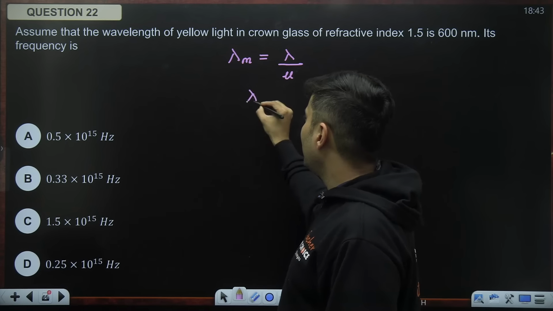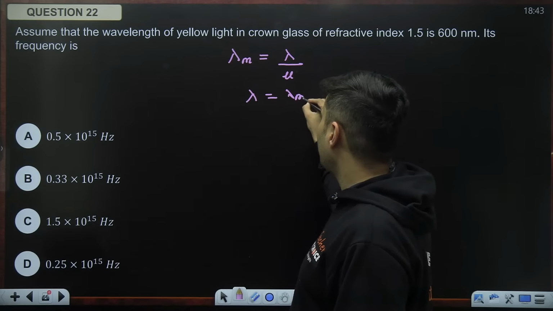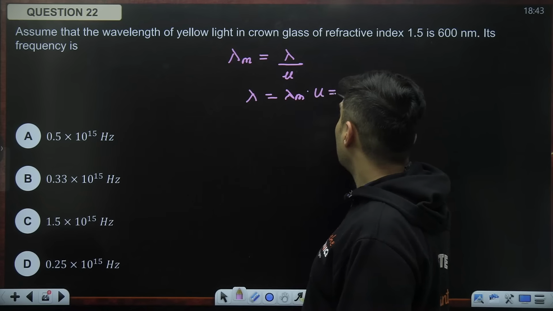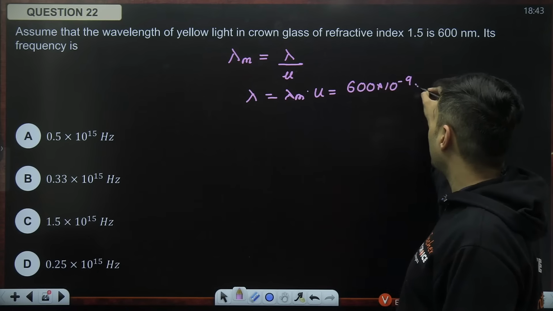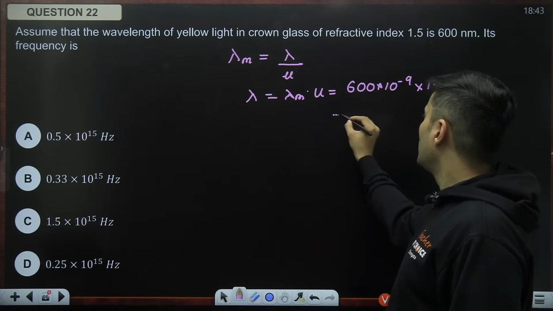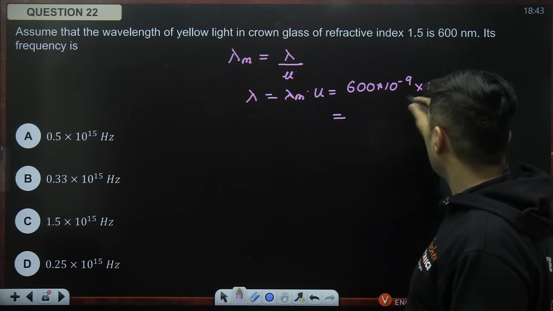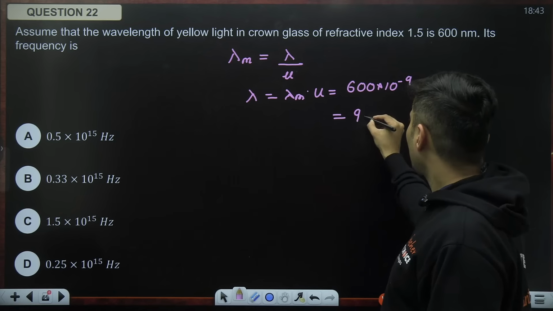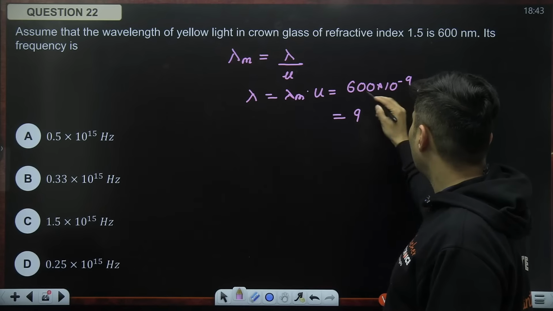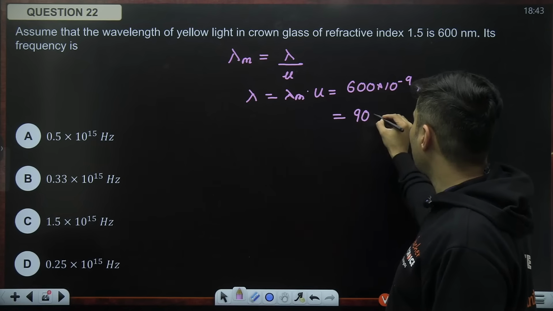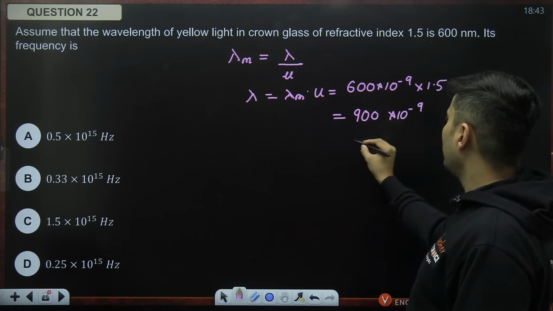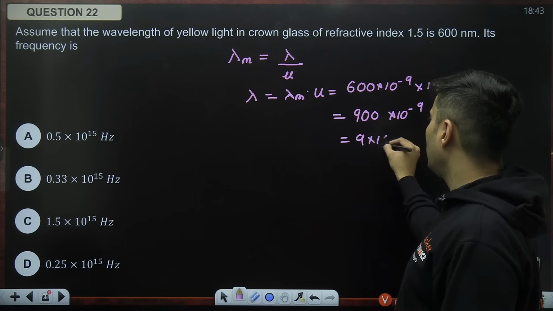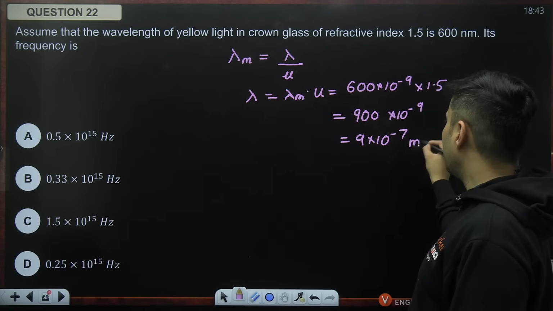So the wavelength in air will be lambda m multiplied by mu. Lambda m is 600 nano, 10 to the power minus 9, into 1.5. So 6 into 15, that is 90. Take one decimal away, and this 0 will also be there, into 10 to the power minus 9. So that is 9 into 10 to the power minus 7 meters.